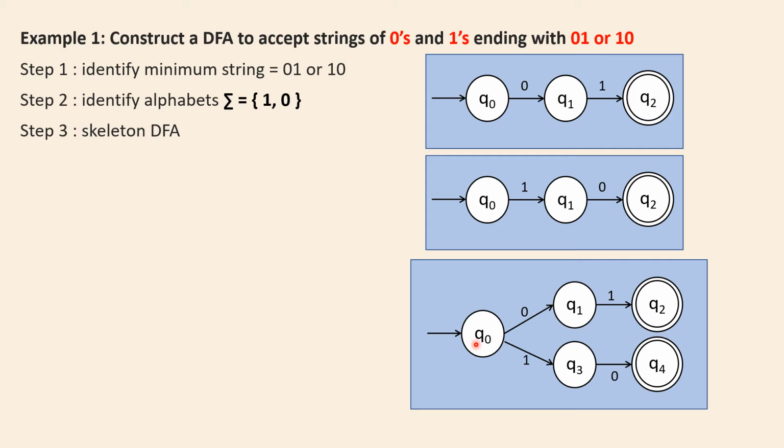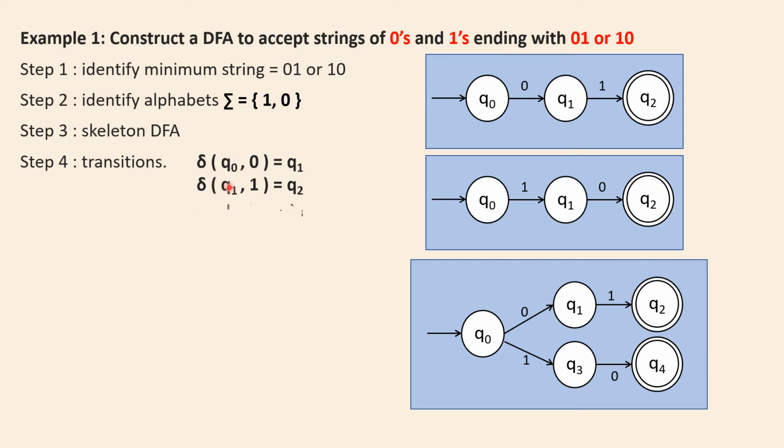So totally I have 5 states, Q0, Q1, Q2, Q3 and Q4, where Q0 is the start state and 0, 1 is accepted by Q2, which is a final state, and 1, 0 is accepted by Q4, which is also a final state. So I have one start state and I have two final states.